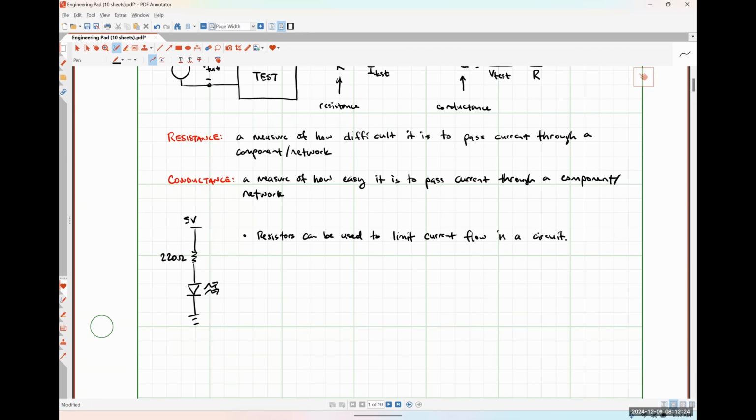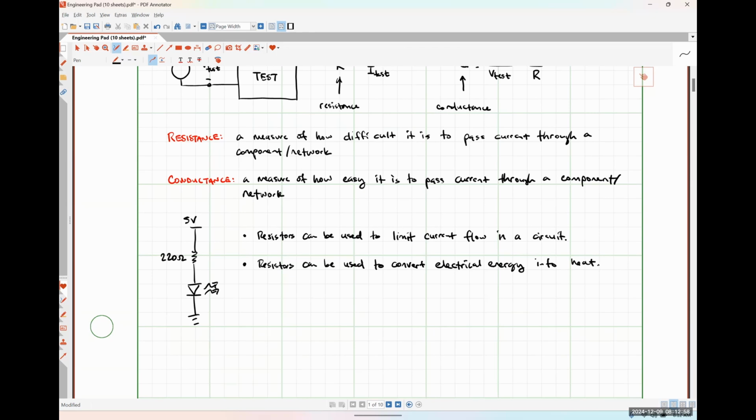application that a lot of us, or probably your parents, see in their everyday lives. And that is that resistors can be used to convert electrical energy into heat.